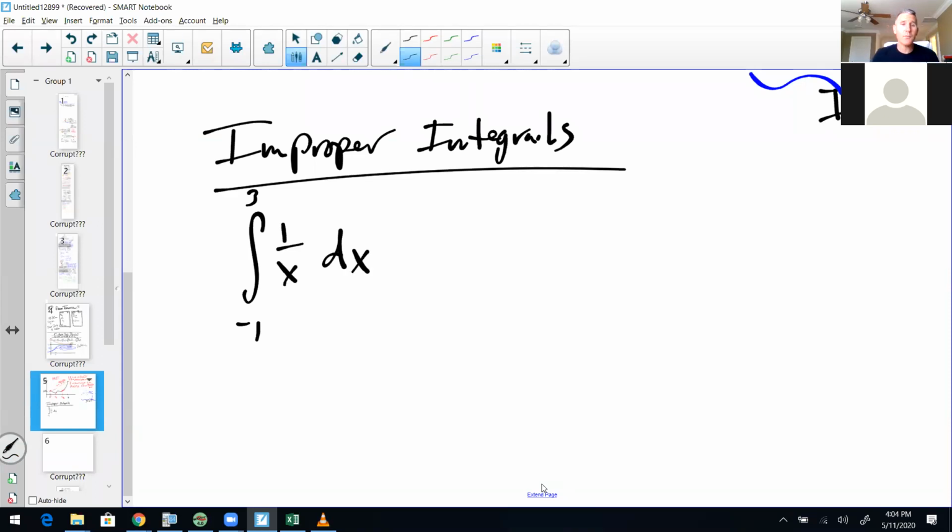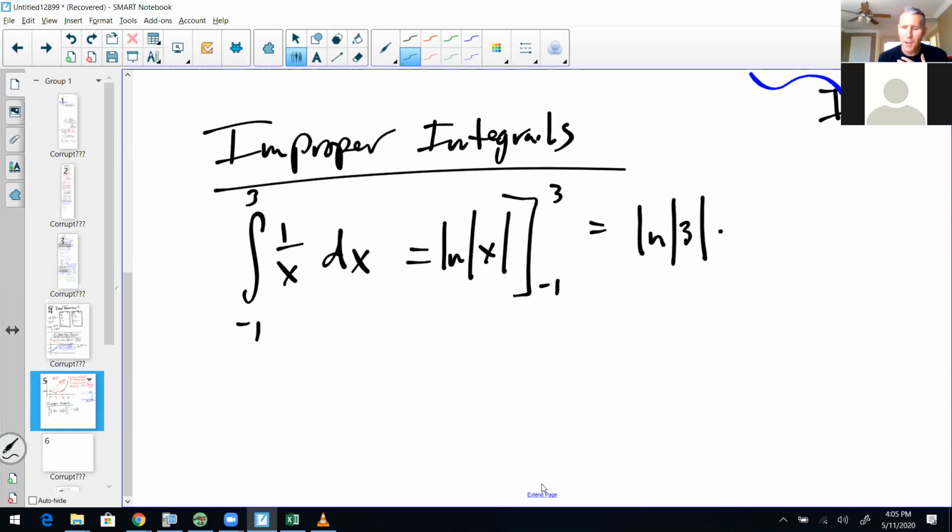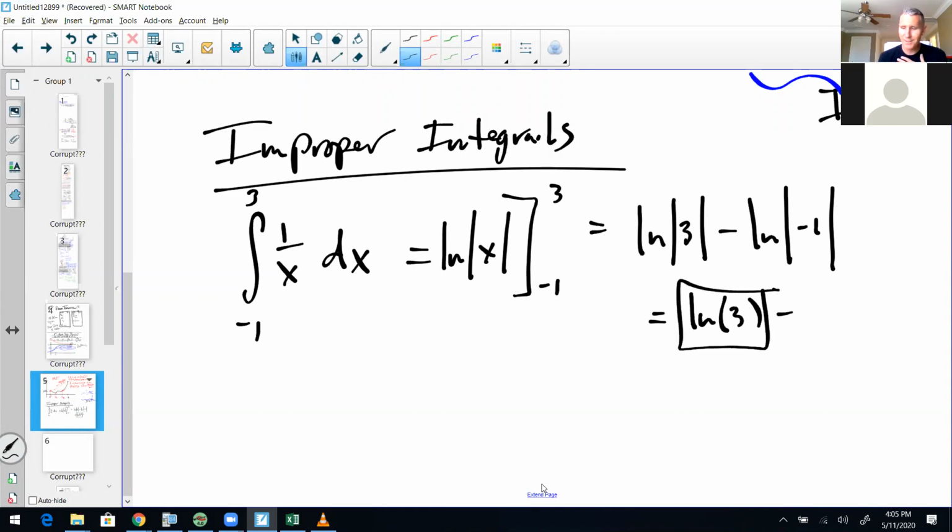So when we first saw this problem, we said, okay, what's the antiderivative of 1 over x? Oh, that's ln of absolute value x going from -1 to 3. So this is equal to ln of absolute value 3 minus ln of absolute value -1. So this is going to be ln of 3 minus, so absolute value of -1 is +1, ln of 1 is 0, so it's just going to be ln of 3.